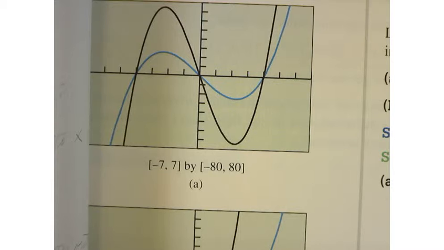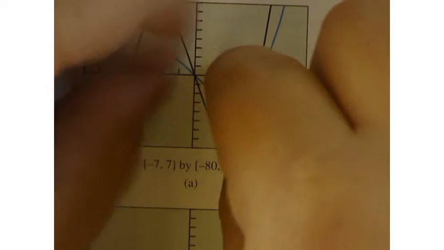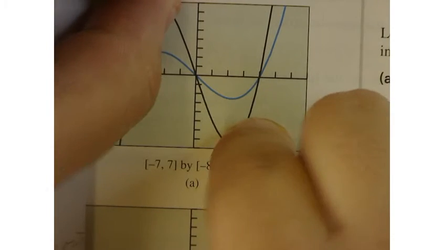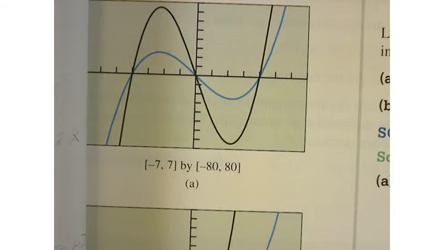So by multiplying every term by 3, we take this blue function and just stretch it out in a vertical direction. Now if I were to make that number less than 1, it would shrink it, flatten it out kind of. Does that make sense?